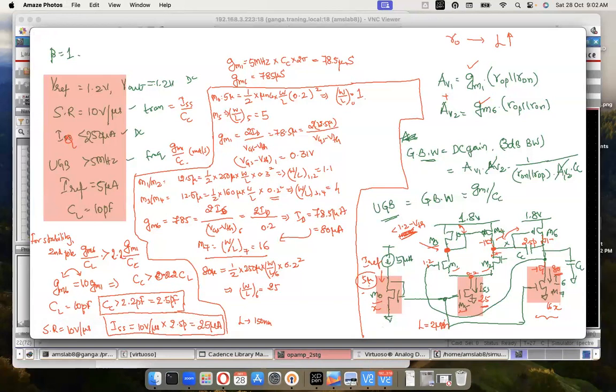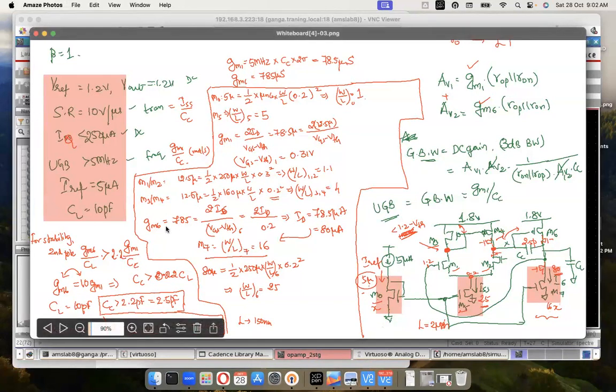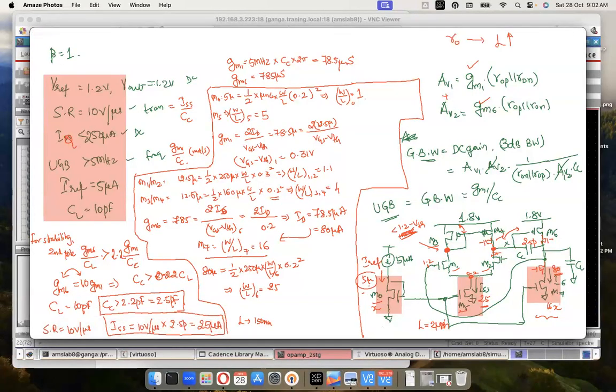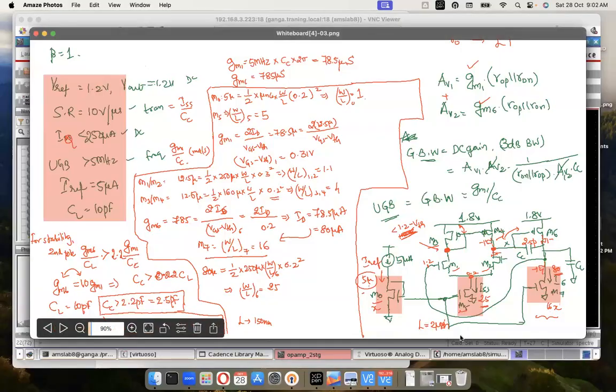If you remember, the output pole is GM6 by CL. If GM6 is not 785 but a smaller number, your output pole is moving nearer and nearer to the zero frequency, meaning it is moving in, and hence you have a threat on the stability part. Let's just look at it.